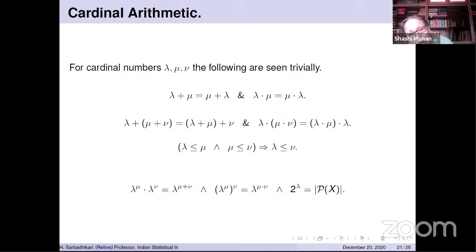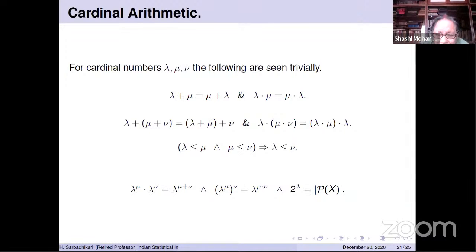Then the associative law holds, because again union of sets is associative, and so is the product of sets. And this we have already seen: lambda less than or equal to mu and mu less than or equal to nu implies lambda less than or equal to nu. I talked of that when I was calling them mod X and mod Y.